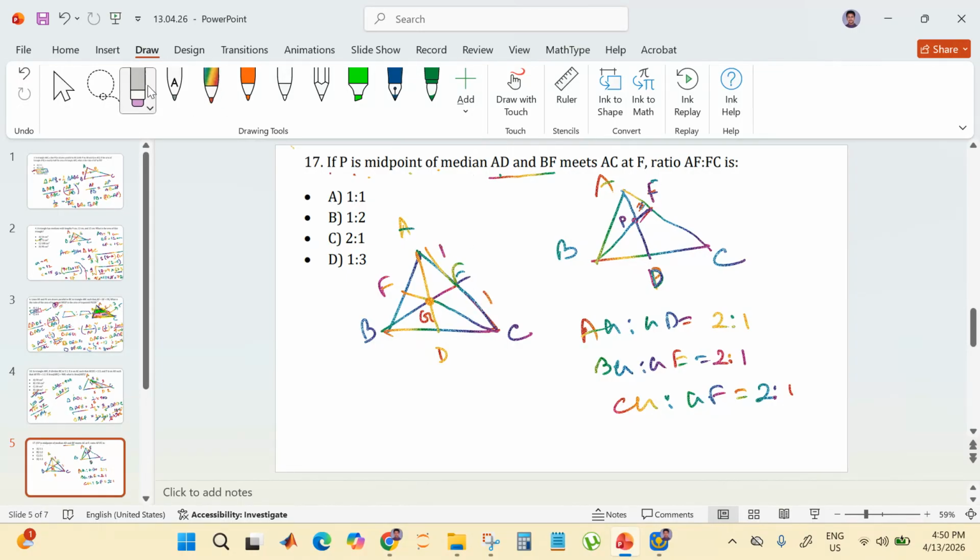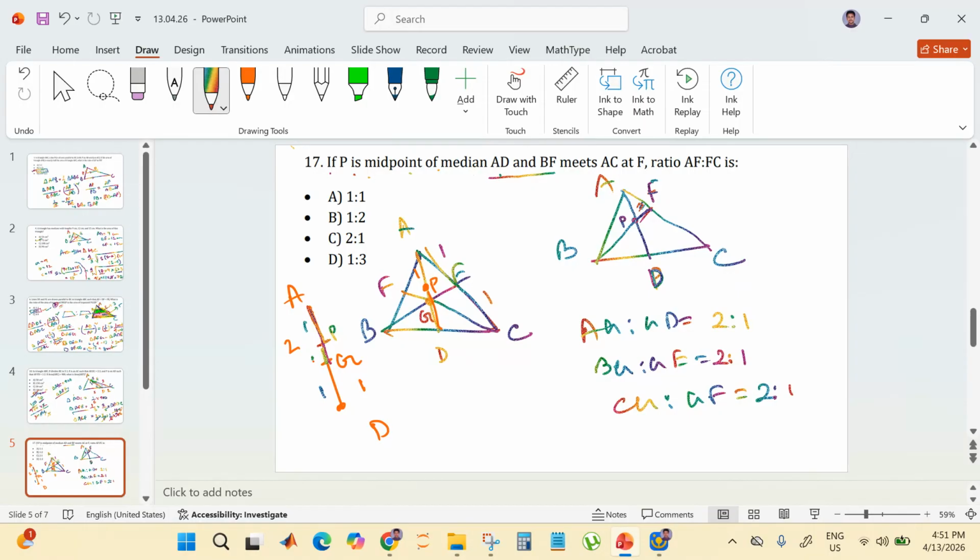Now think over it. If I consider a point which is the midpoint of this AD, suppose this midpoint is P, that means it is 1:1. So if I draw AD only, then you can find a point G here which divides 2:1 and you can find a point P here which divides 1:1. So this AG length is 2 and AP length is 1.